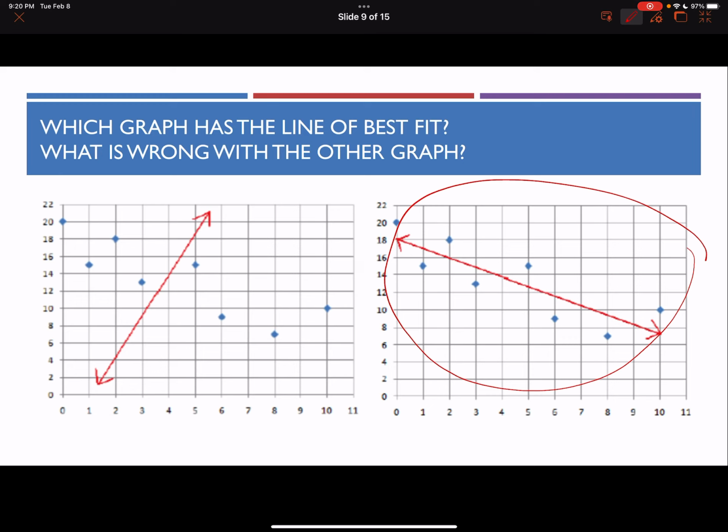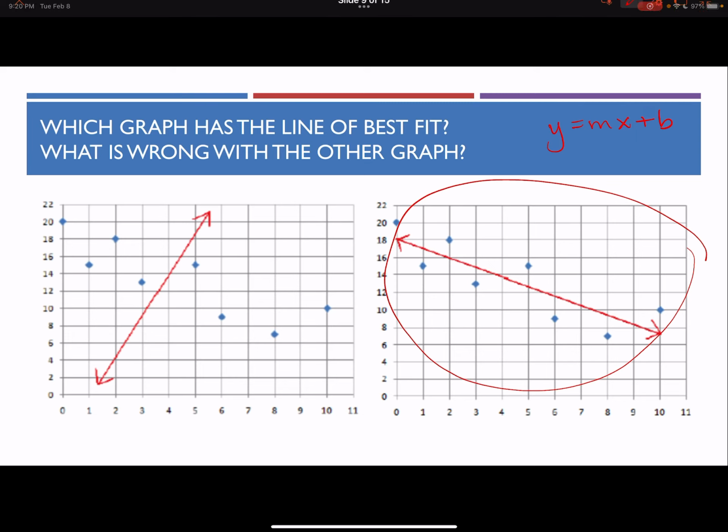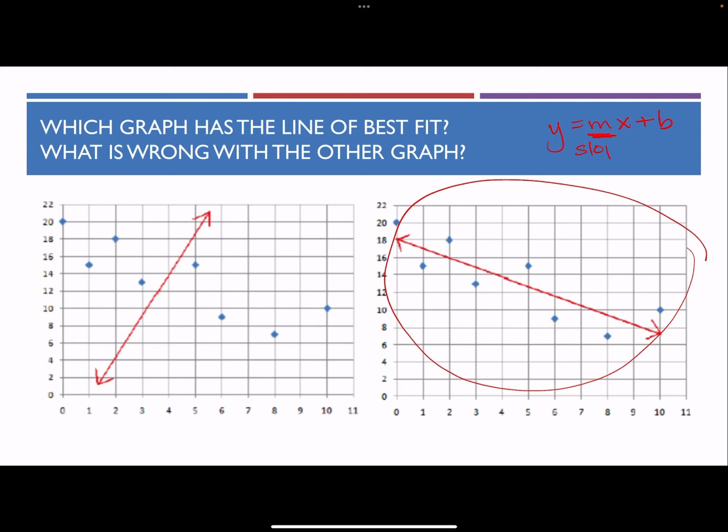Now, let's focus on the line itself, the red line itself. Every line has a y equals mx plus b, right? It has a slope and it has a y-intercept. So if I look at this line over here on the left, is the slope correct?